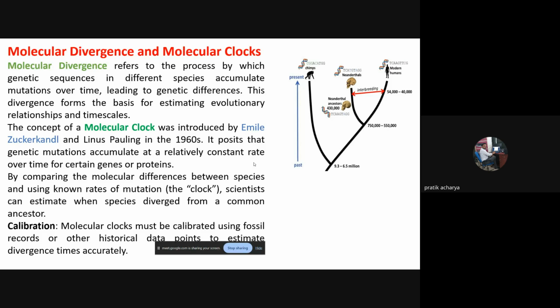It refers to the process by which genetic sequences in different species accumulate mutations over time. This is one species, this is another species. How are they different? They have common ancestry, but they differentiate from each other by accumulation.